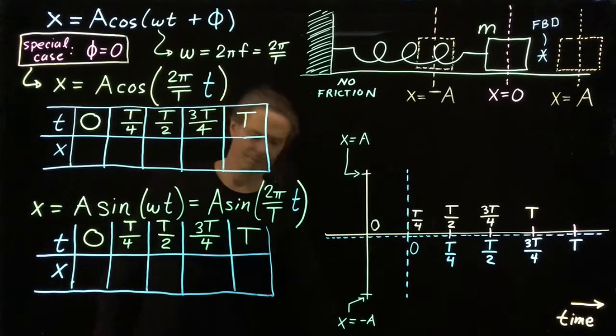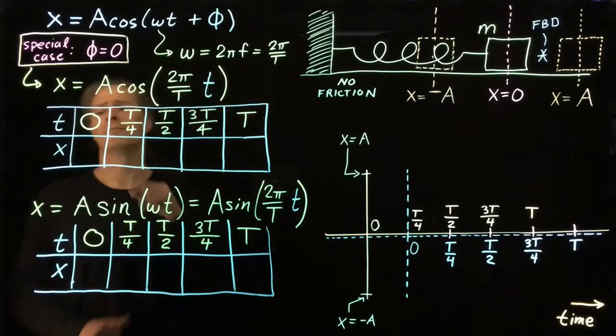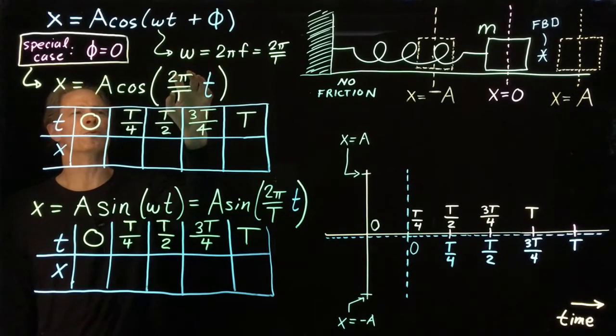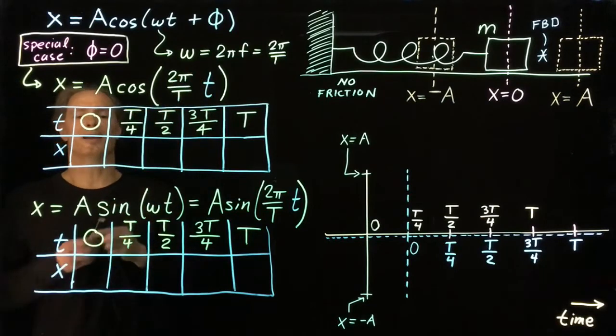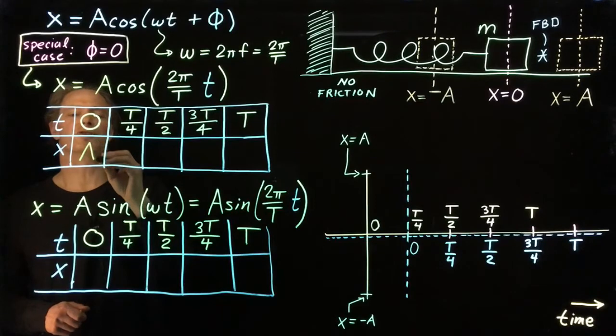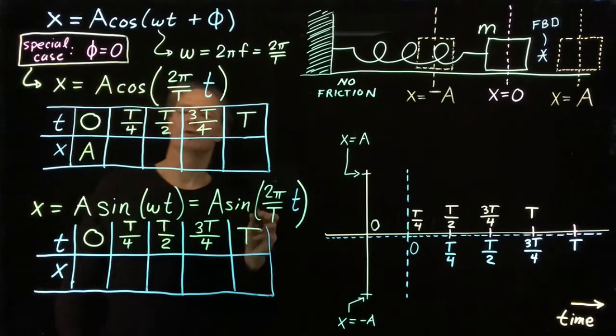All right, so let's fill in this table. When the time t is equal to 0, I'd have 0 times stuff, which gives me 0. Cosine of 0 is 1. 1 times A gives me A. So when t is equal to 0, the position x will be equal to the amplitude.